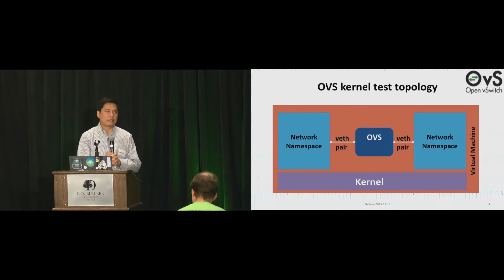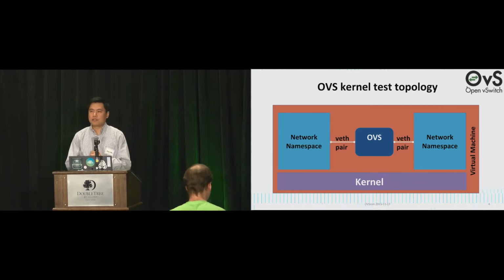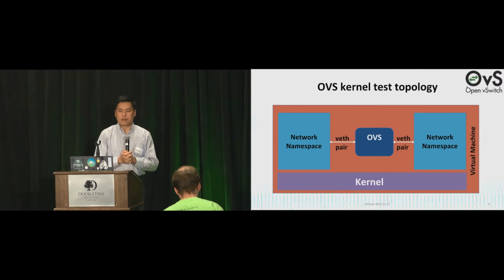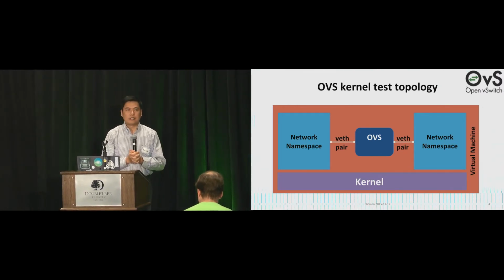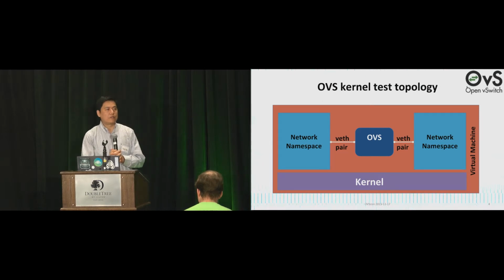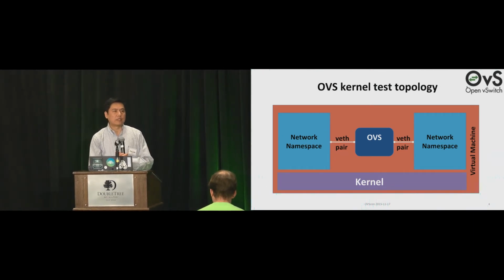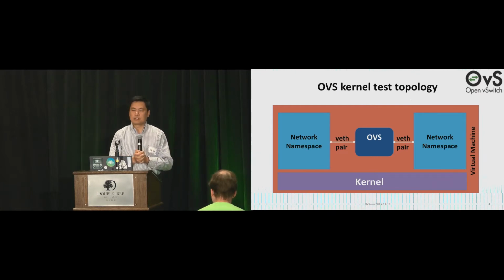To reduce complexity, we want a single VM instead of multiple VMs. So within the VM, we create different namespaces and use veth pairs to drive traffic through OVS. And third, how do we drive the tests? We decided to adopt the autotest framework. It's the same framework we have been using for user space, and it's quite flexible.